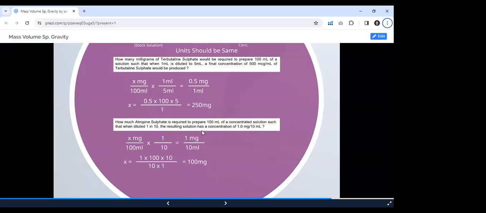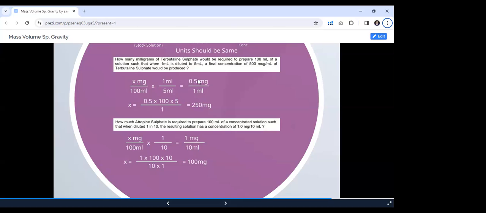With this formula, in these two questions, we are solving for the concentration in the stock solution or the main first solution. In some questions, they might ask you about the resulting concentration as well. They can give you a starting concentration, for example 250 mg per 100 ml, then you make a dilution of 1 in 5.